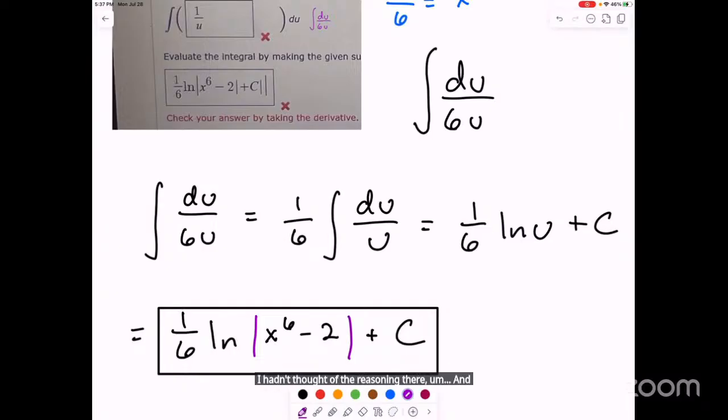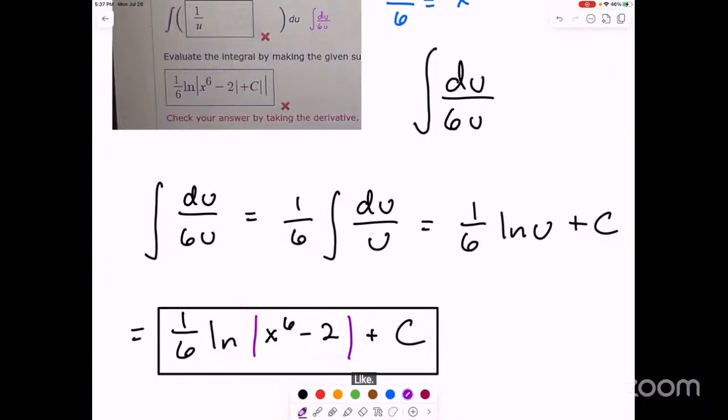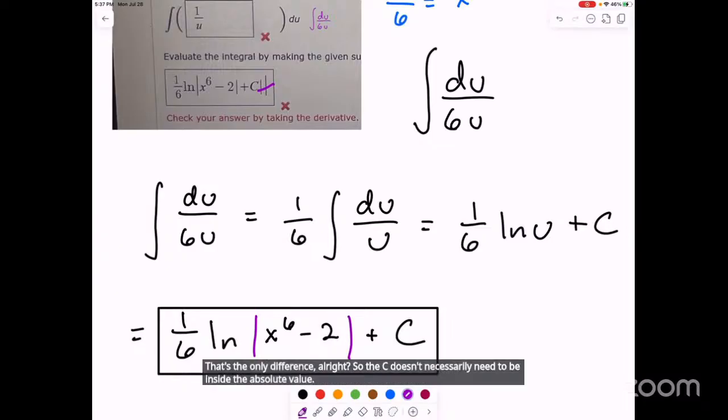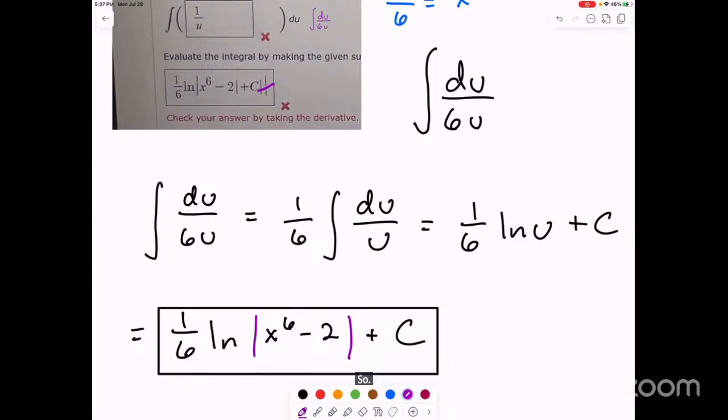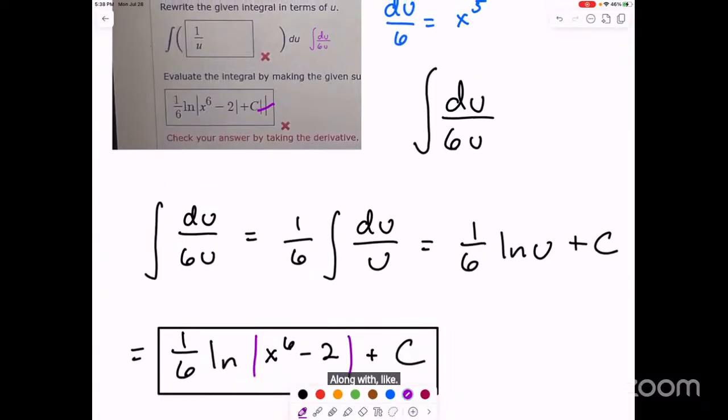And I see you use absolute value, but it looks like you just used it improperly. You can pretty much get rid of both of those. That's the only difference, right? The C doesn't necessarily need to be inside the absolute value. That's the augmentation I would make there, along with the du there as well.